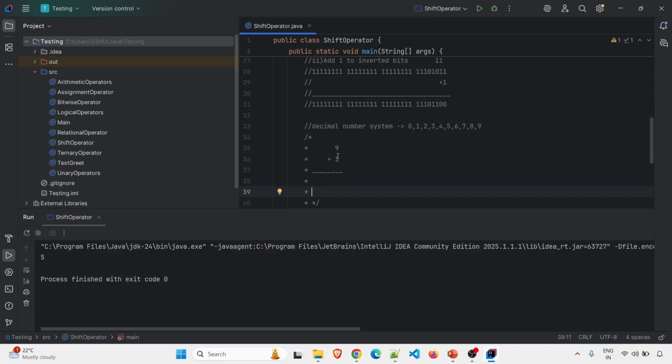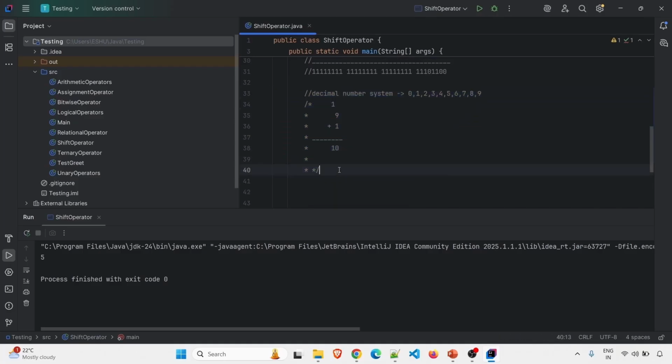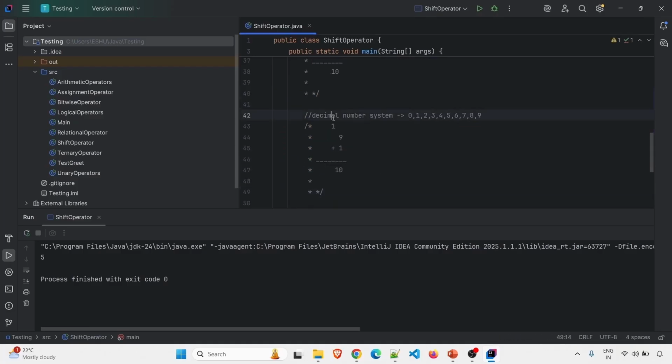Obviously there is no single digit like 10, because we only have these 10 digits. So 1 will be carried over. For 9 plus 1 we take 0 here and this carry is taken as it is. So we get 10. Now similarly, let's consider the ternary number system.